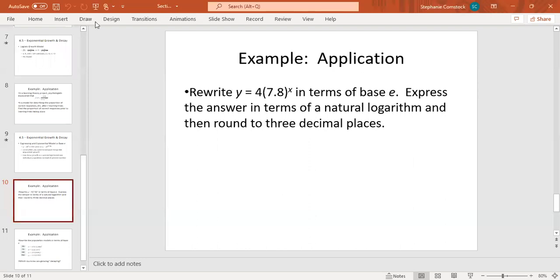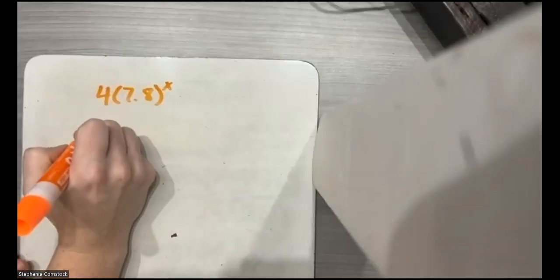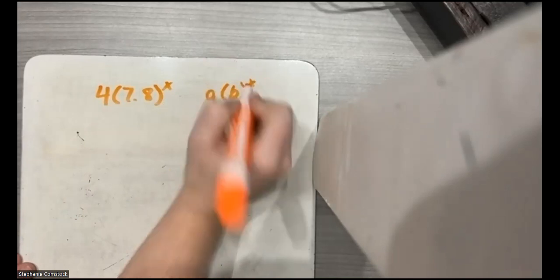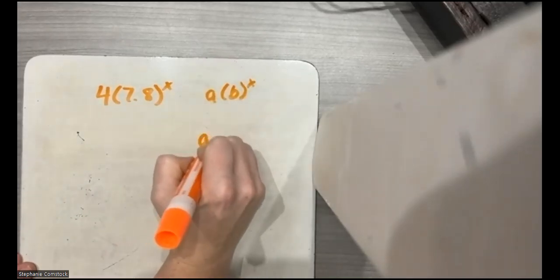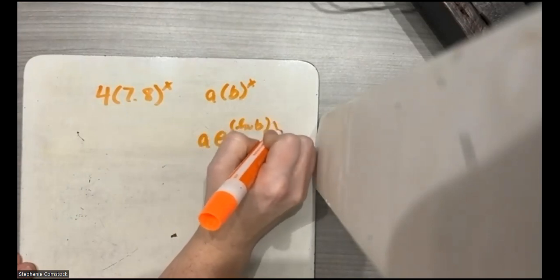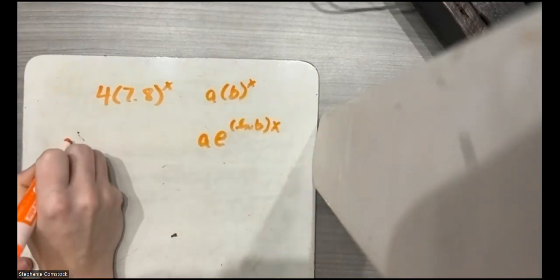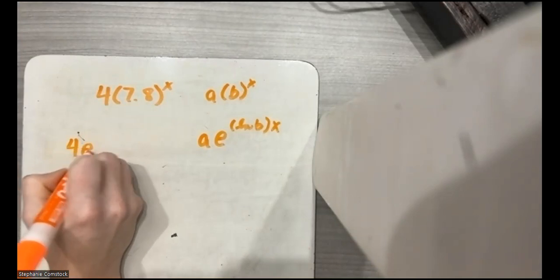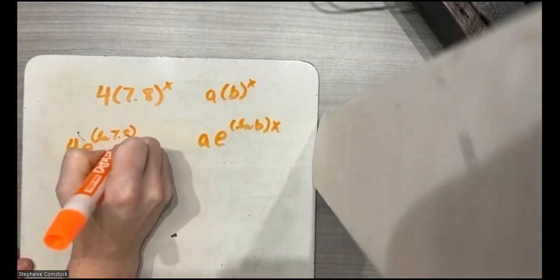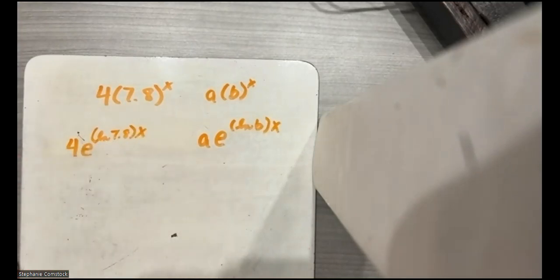This is our a, b to the x format, and we said that this goes to a e to the natural log of b x. So that would look like 4 e to the natural log of 7.8 x. This would be our format in the natural log format.